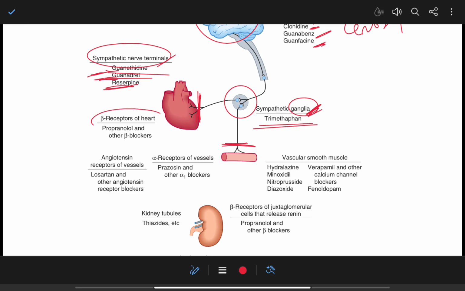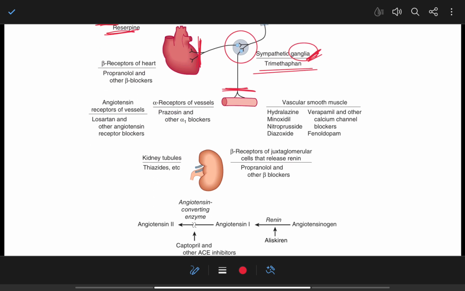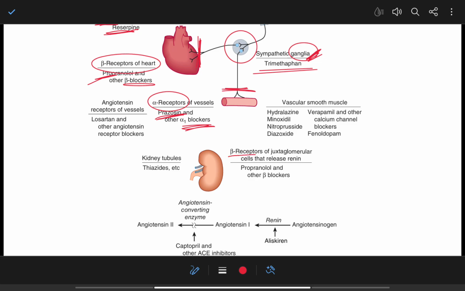Then we also have the ones that block the receptors. You can see the ones that block beta receptors on the heart. We have propranolol and other beta blockers. We also have the ones that block alpha receptors on the blood vessels. We have prazosin and other alpha-1 blockers. All these drugs I've mentioned so far are sympathoplegic agents. Even this one again, a beta receptor here, they block the beta receptor located in the kidney.